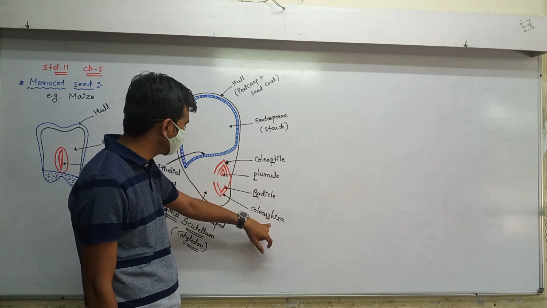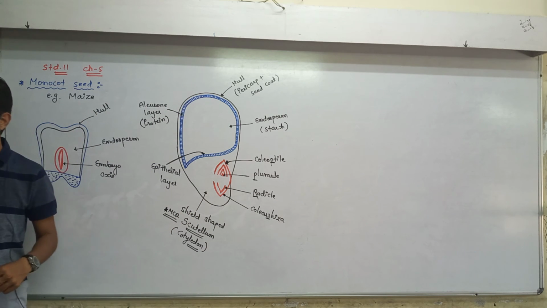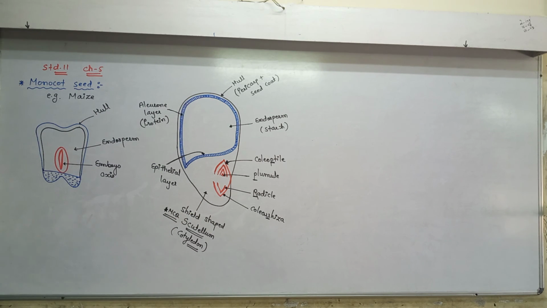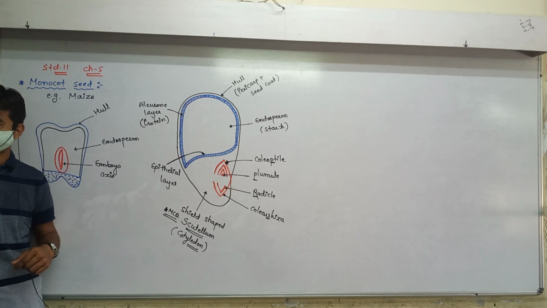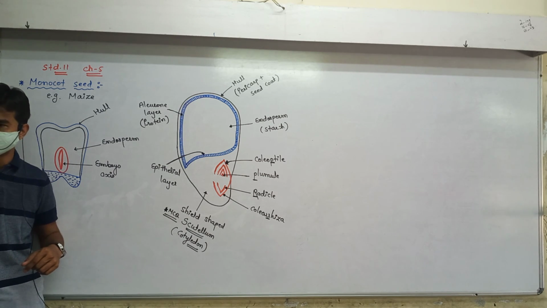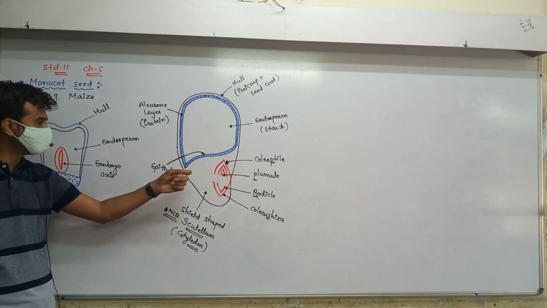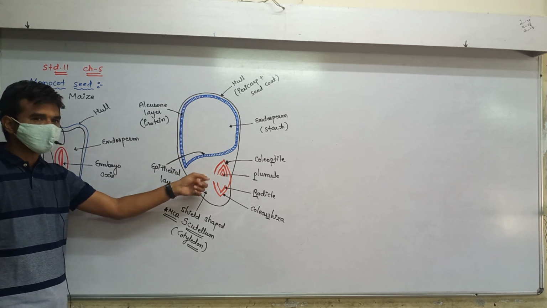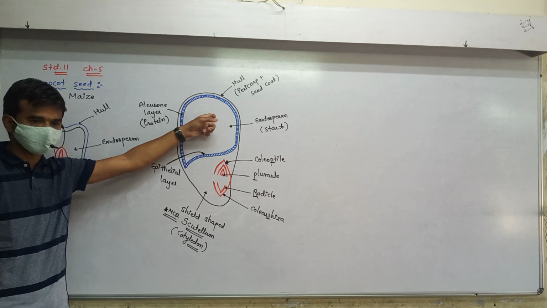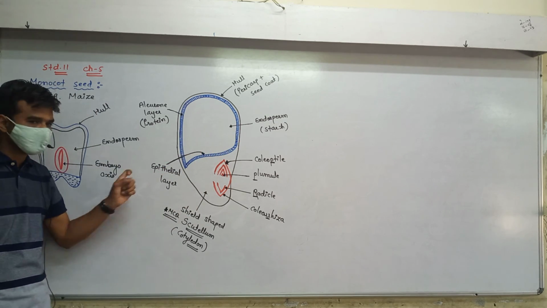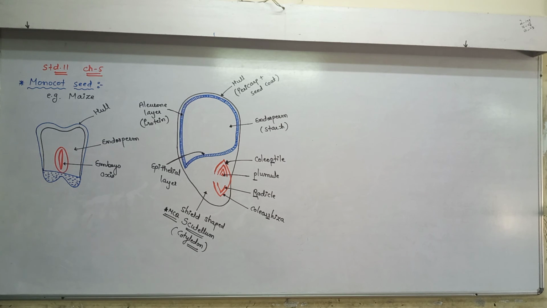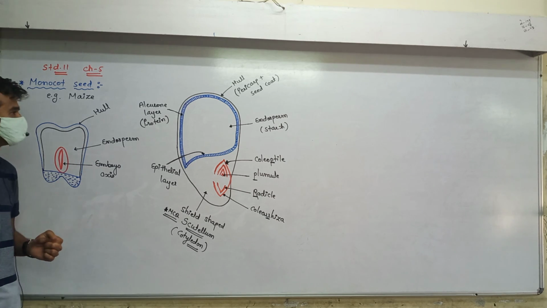P to P and R to R, you have to remember it like that. Now the shield-shaped cotyledon is known as scutellum. Scutellum and endosperm both are separated by one layer known as the epithelial layer. So this is about the monocot seed.